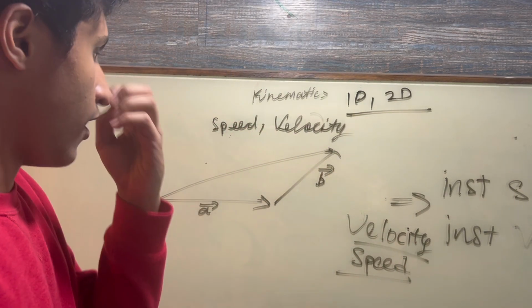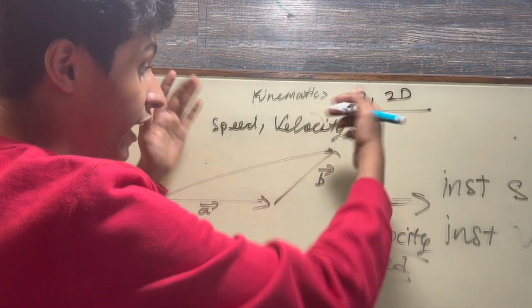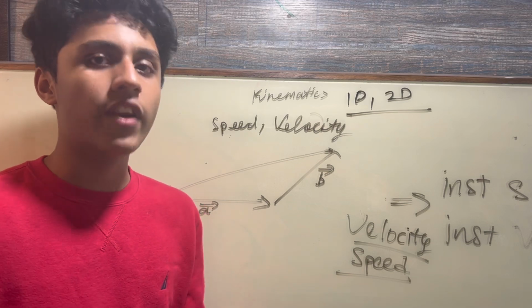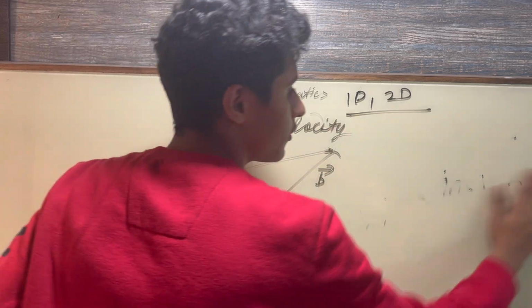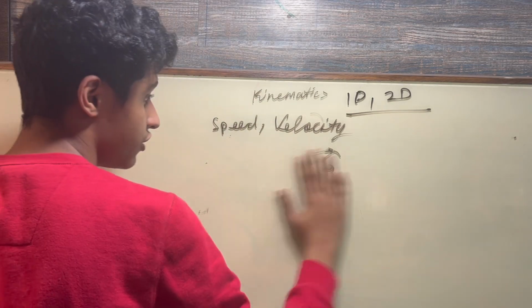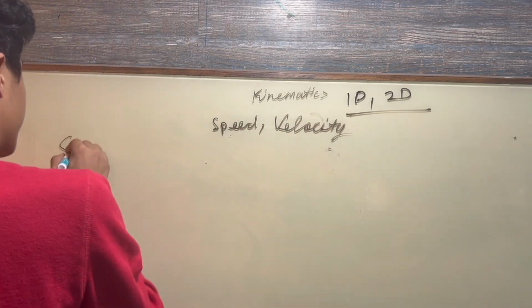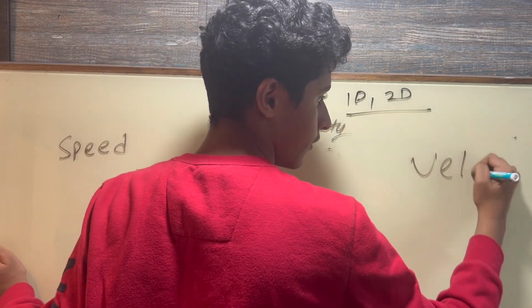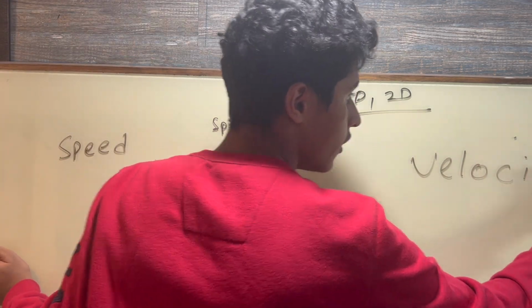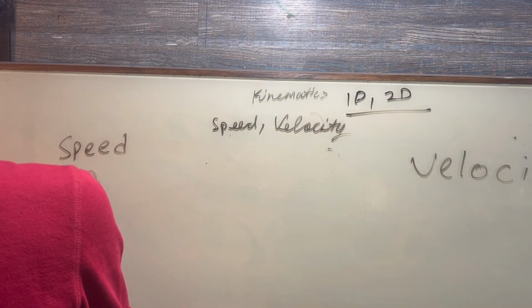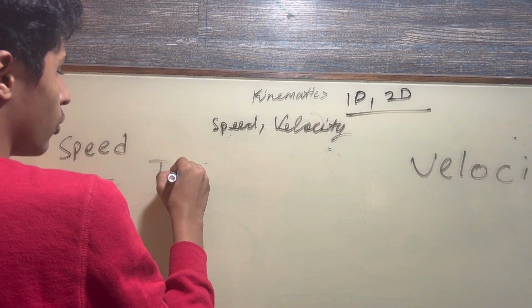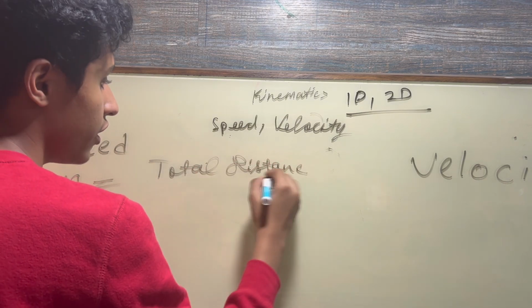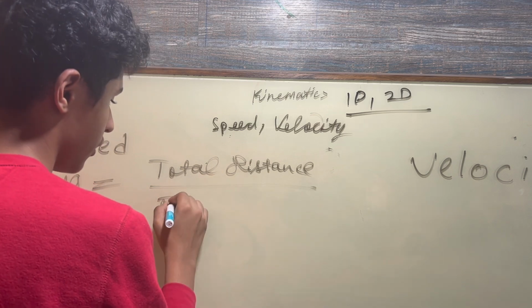So now that we have defined what displacement, distance, speed, and velocity are, we can get into the finer details. The first thing is average velocity and average speed. I'm going to write speed here and velocity here. Average speed just means the total distance over the total time interval.